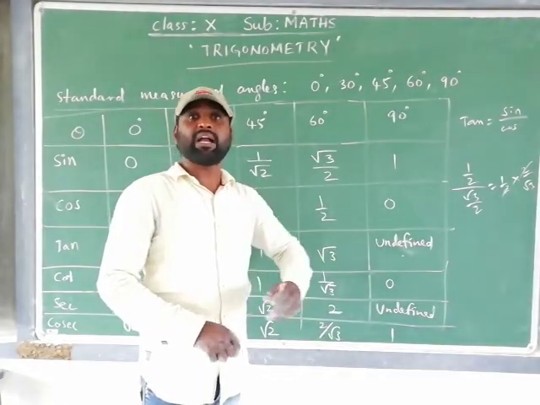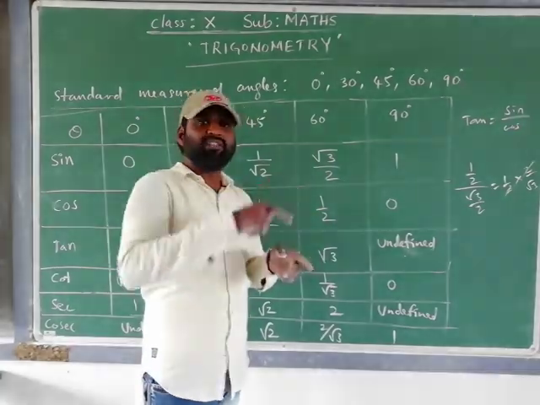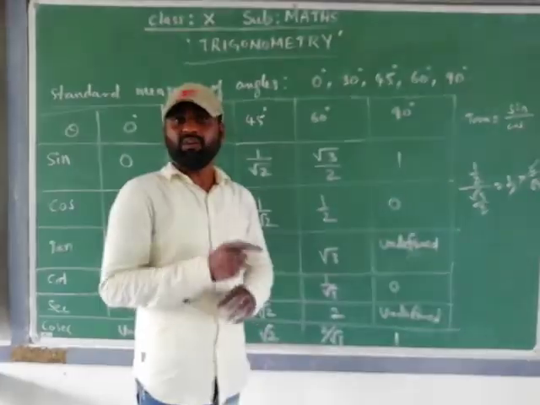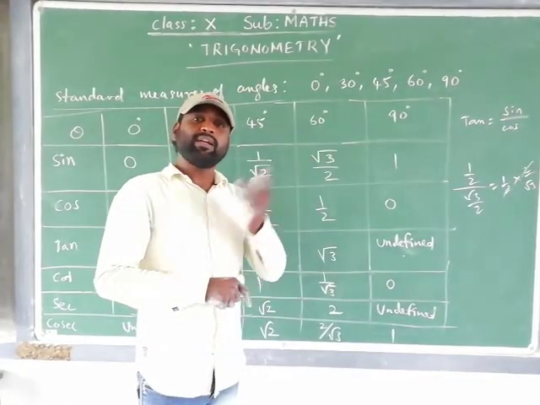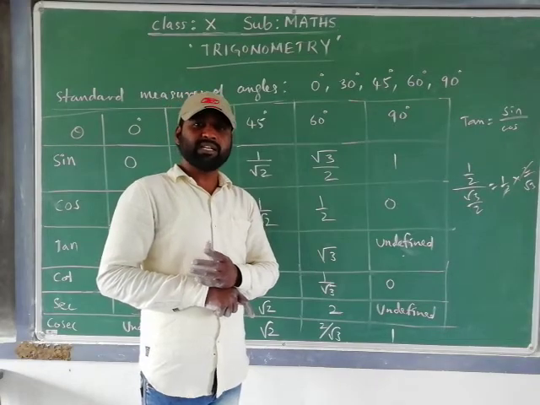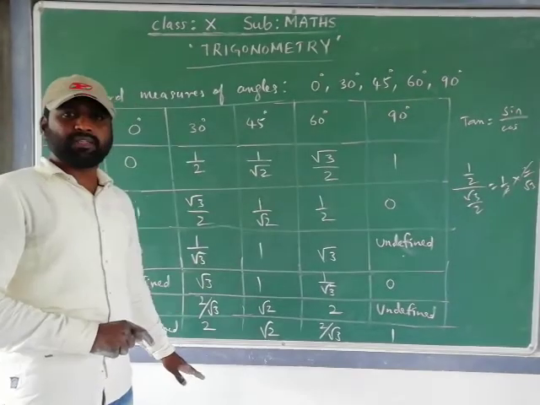According to the question, if you understand it and draw the figure, we name the given values and find the unknown value. We will understand which trigonometric ratio to use when we face the question properly. I hope you all understood how to remember the table.